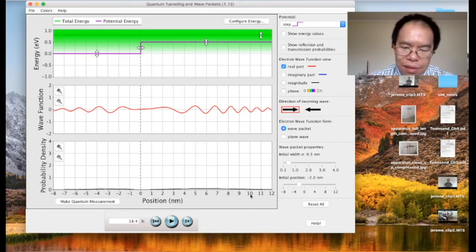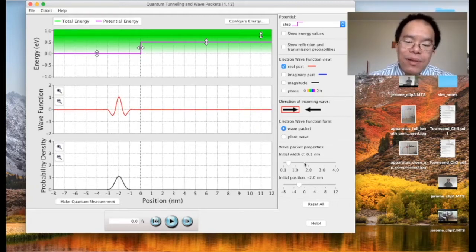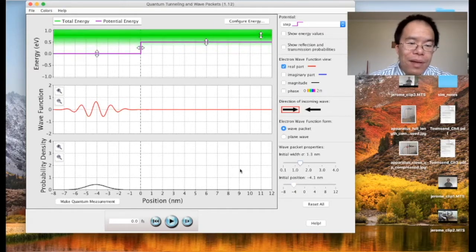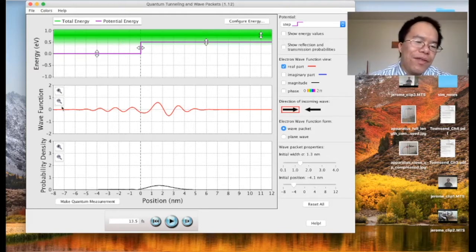Let me reset time here, and you can go and play around with things. We could, for instance, change the initial location of the wave packet, which doesn't change a great deal. We could also change the width of the wave packet. If I make it wider like this, we can see what happens there. Same general thing: there's some probability that we find the particles transmitted here and reflected back from my step.